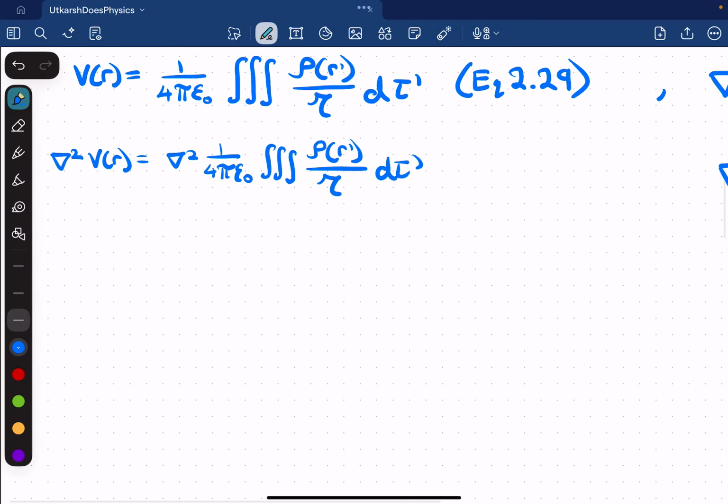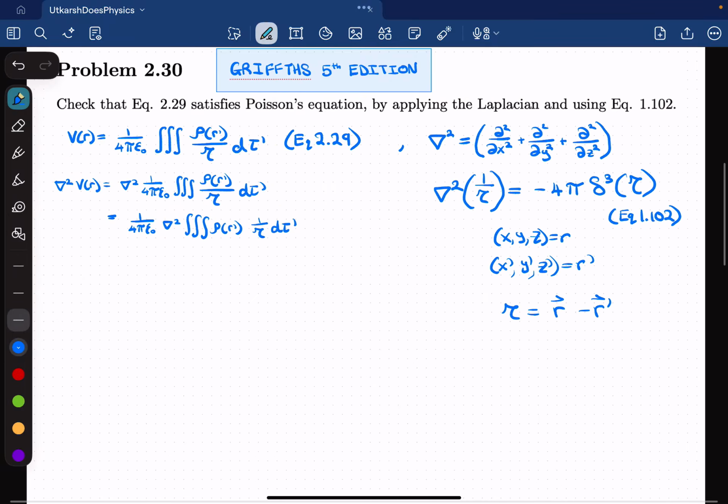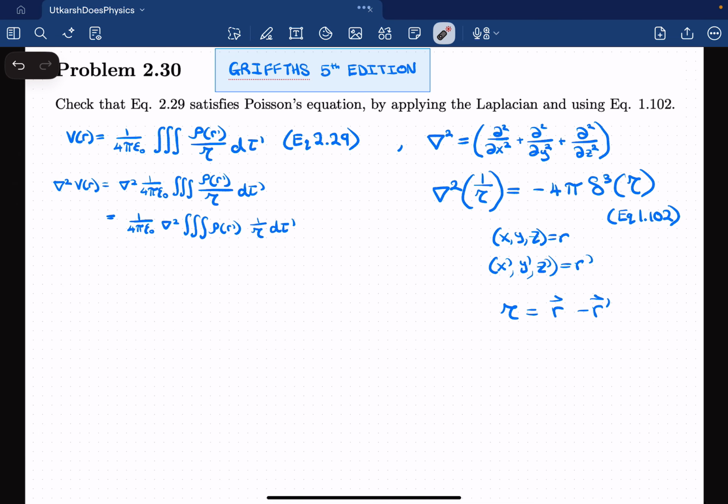Now, key thing to note is that 1 over 4 pi epsilon naught is a constant, so we can bring the Laplacian operator inside of that without any issues. Now, similarly, each of these integrals is over x, y, and z, which means, the integrals are not over x, y, and z.